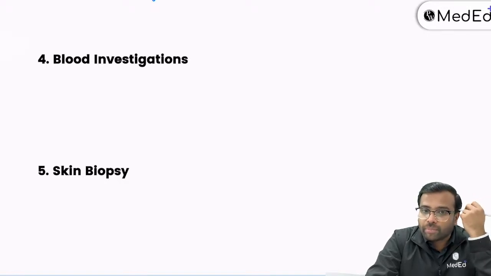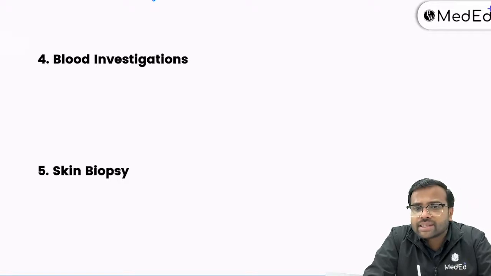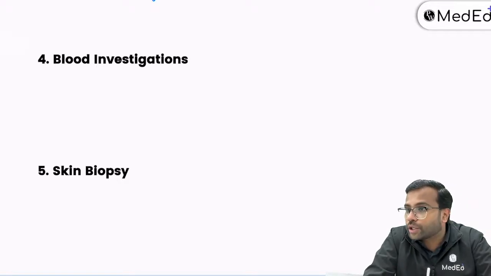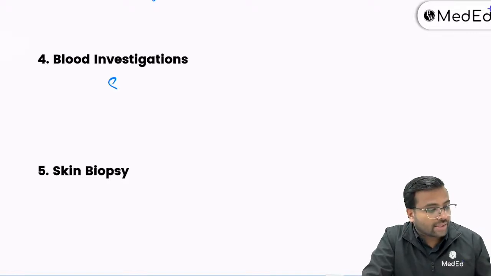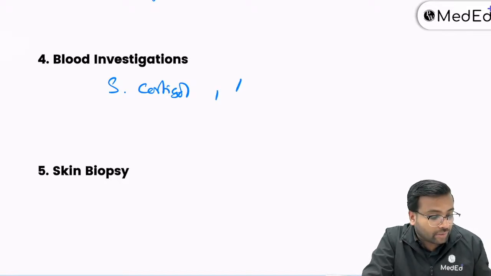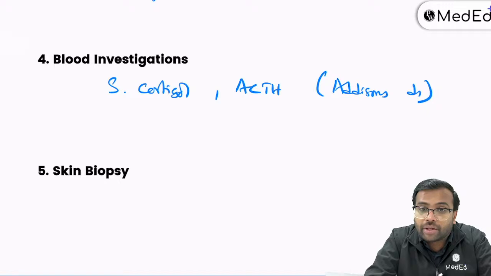The hemoglobin can be low, so complete blood count we can do. Anything else? Like Addison's disease, you'll have to go for a serum cortisol, isn't it? So serum cortisol can be done, ACTH can be done. All these things can be measured because of Addison's disease, because there can be a generalized hyperpigmentation.